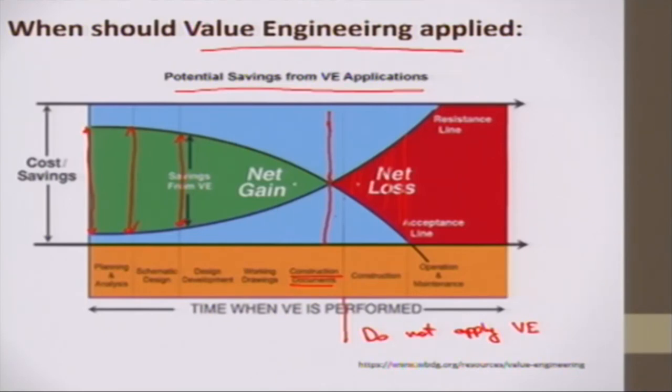The project would be developed with fewer changes, redesigns and greater understanding by all parties. At planning and analysis, an independent value engineering team can do the job, but at the later stages, there are other stakeholders, other contributors who are already working on the project. So the value engineering team has to coordinate with these people.